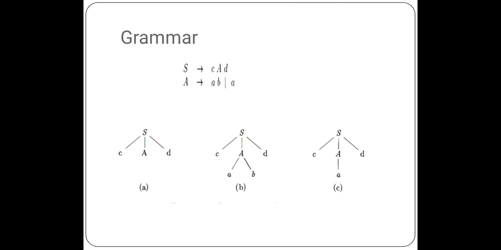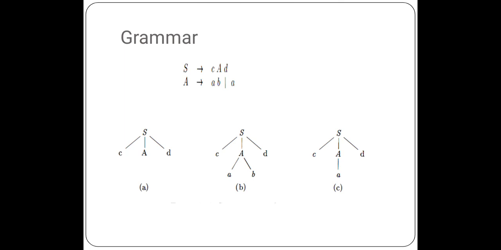So you have the root node S, and leaf nodes small c, capital A and small d. In step b, we take the middle leaf node, capital A, and first try to convert A into ab. But the objective for us is to derive the input string cad.